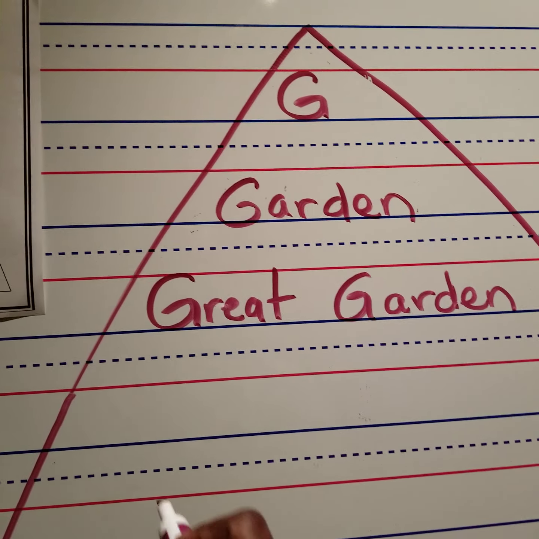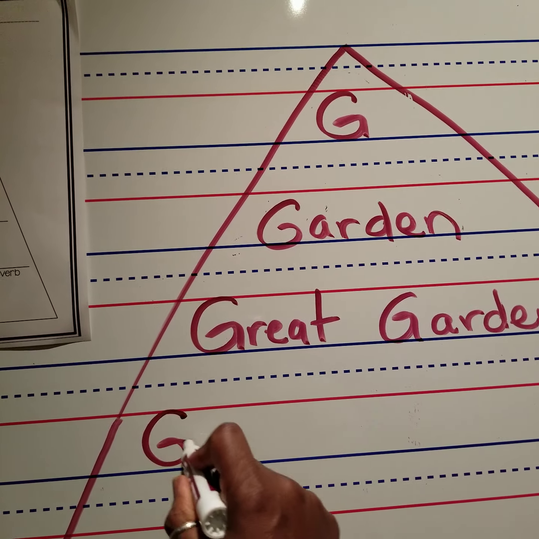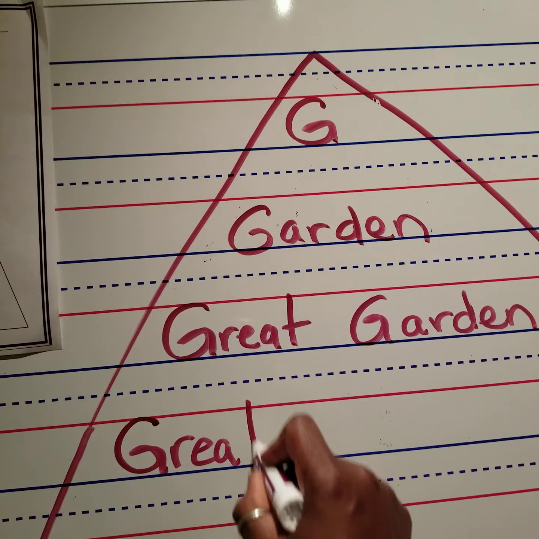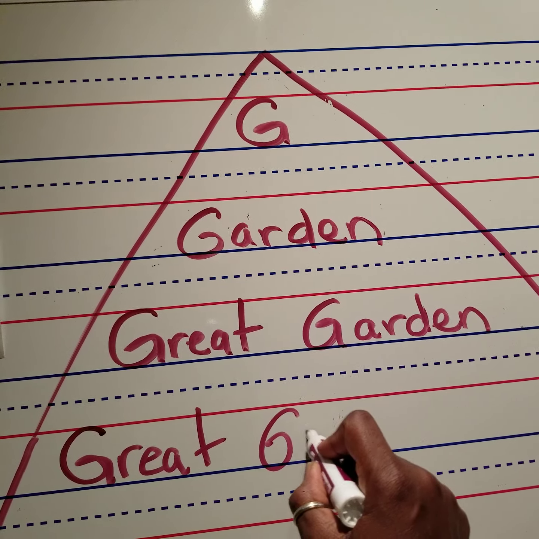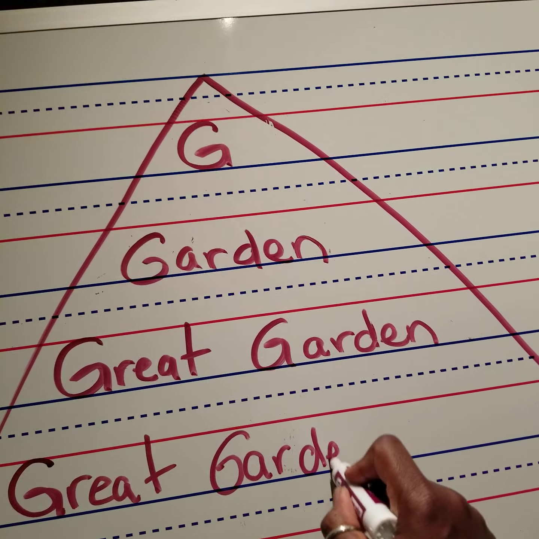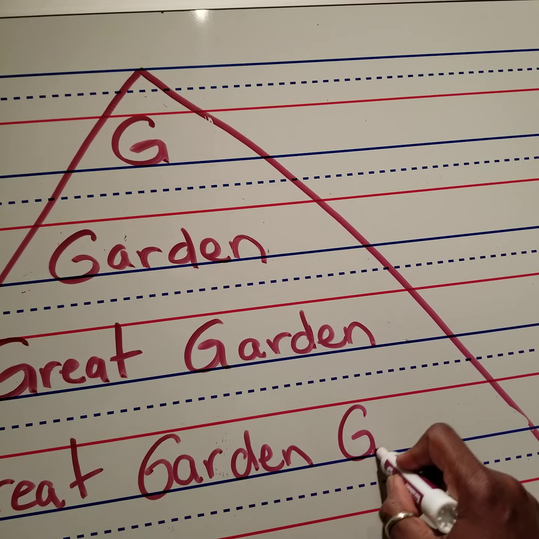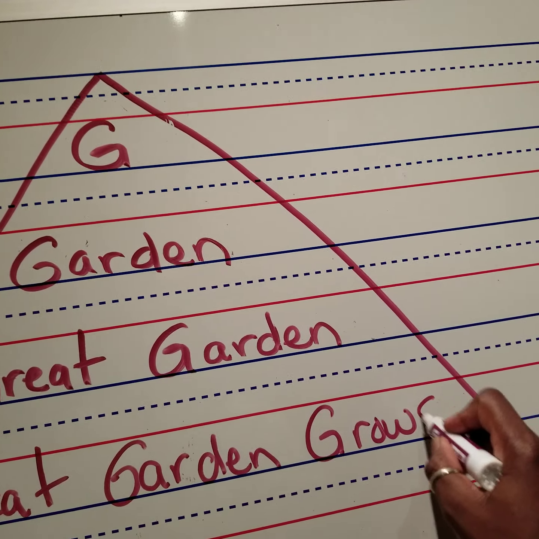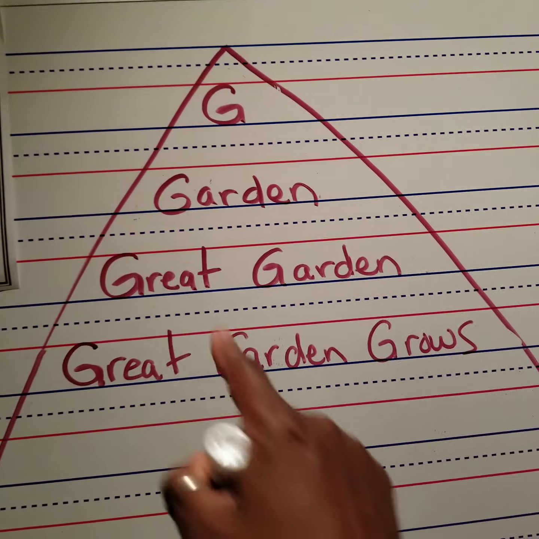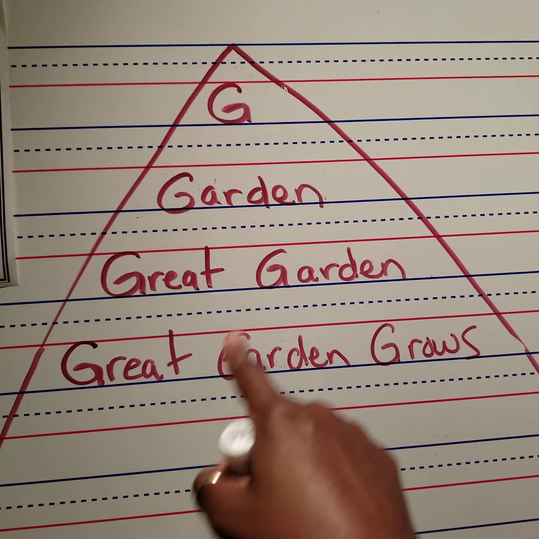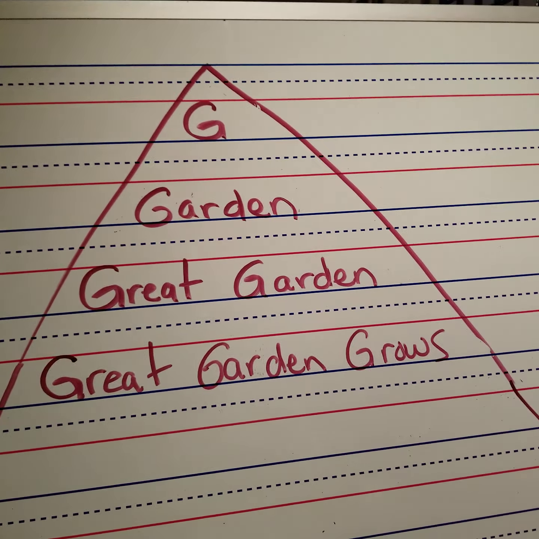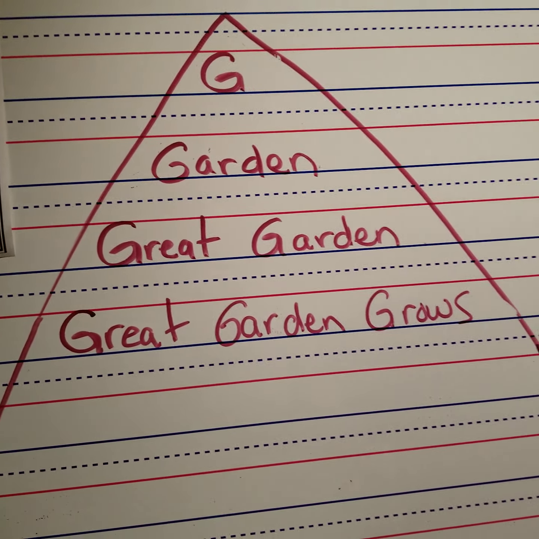I need a verb, and I'm going to say, repeat, great garden. If you're saying grows, you're right. All right, so I have my adjective, my noun, and my verb. Now I have to add my last sentence, which includes my adverb.